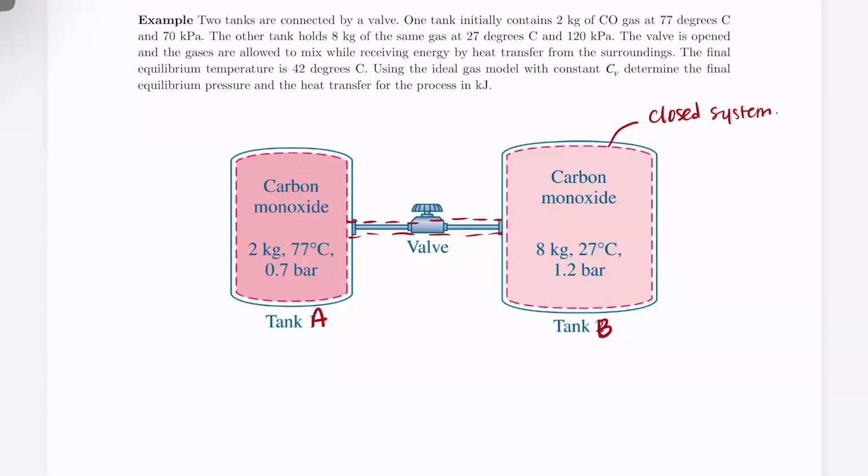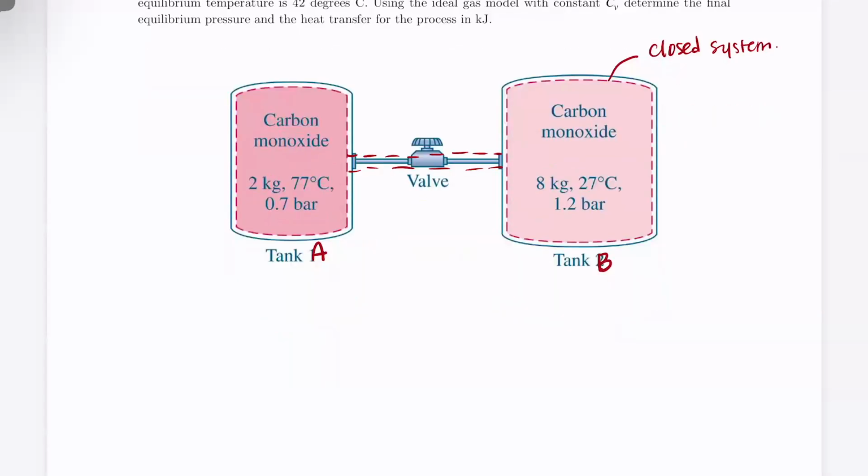Okay, so let's write down what we know. So we know that mass A at state 1 is 2 kilograms. The temperature of our gas in tank A at state 1 is 77 degrees C. And the pressure in tank A at state 1 is 70 kPa.